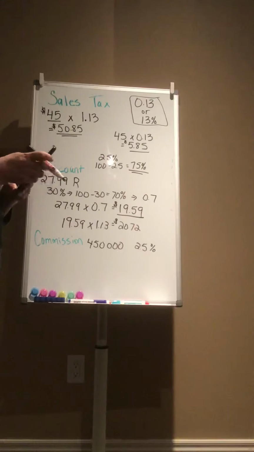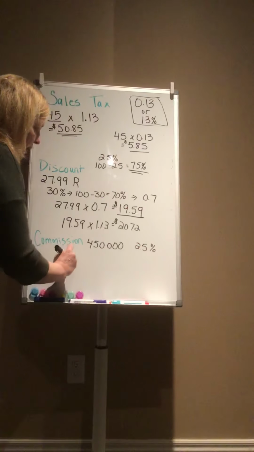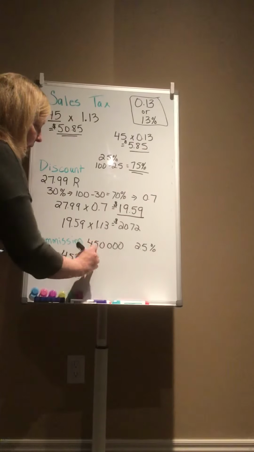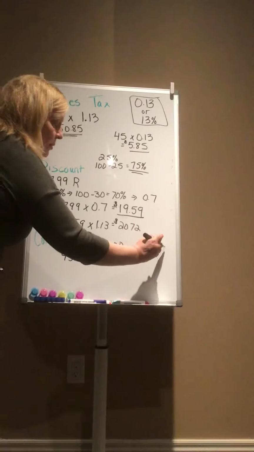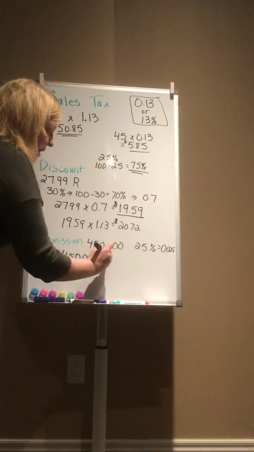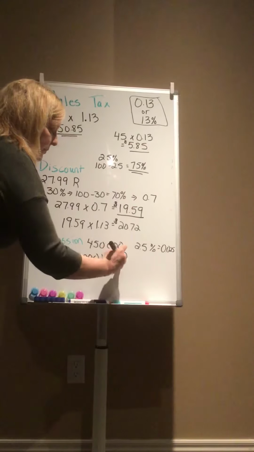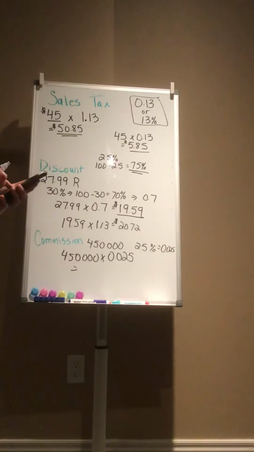So if George manages to sell my house for $450,000, and I turn this percent into a decimal, which is 0.025, that's what I'm going to multiply by, and I'm going to find out how much I have to pay George.